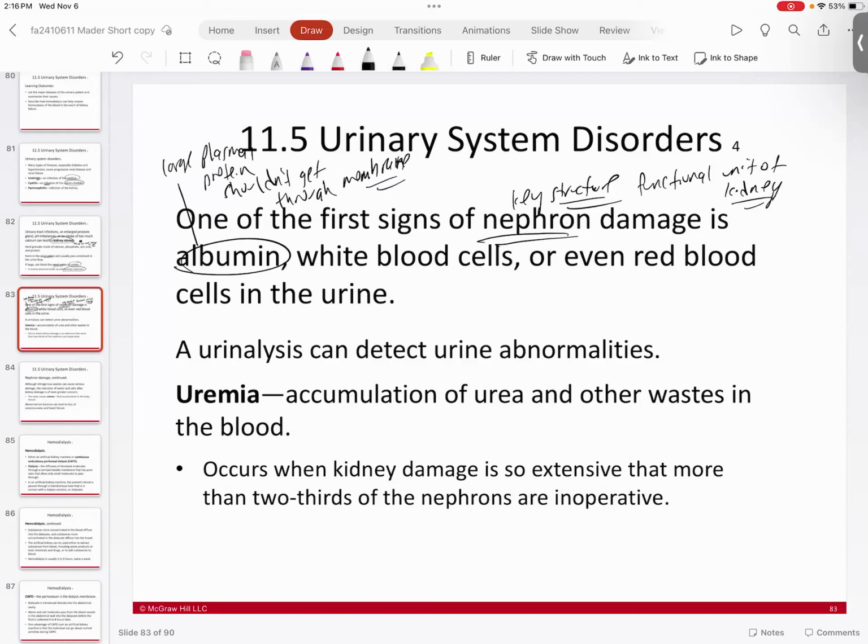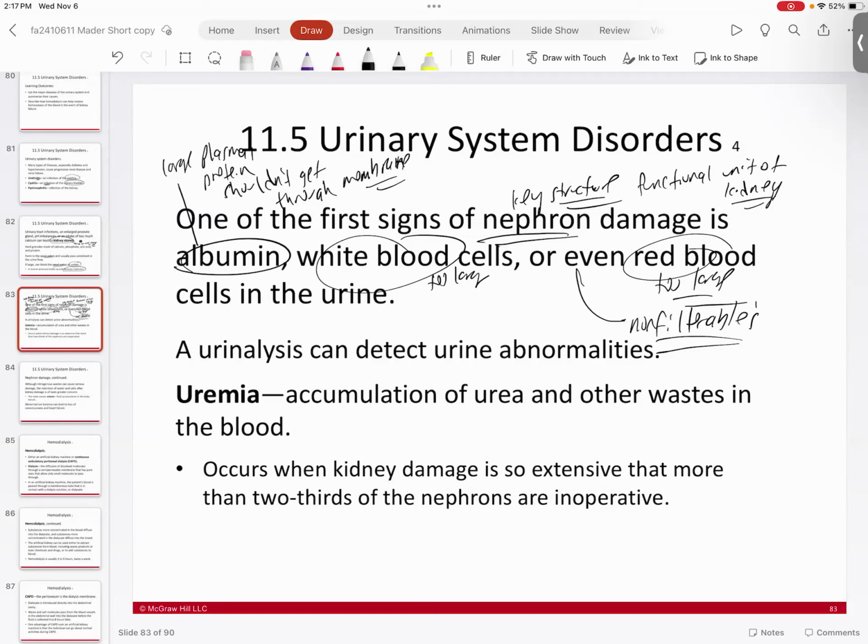That should be going out the efferent. White blood cells, also supposed to be too large. Red blood cells, also supposed to be too large. These are the non-filterables, by the way, if you're keeping track. These are supposed to be the ones that stay behind in the blood and exit out the efferent arteriole and go back into the blood system.